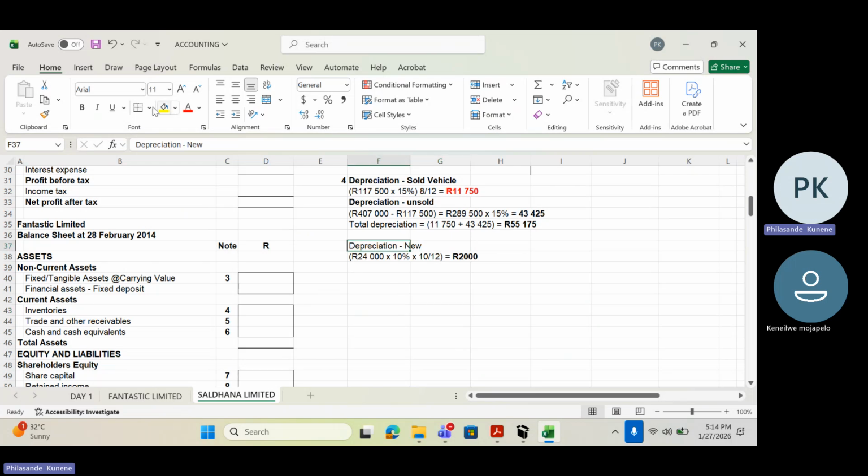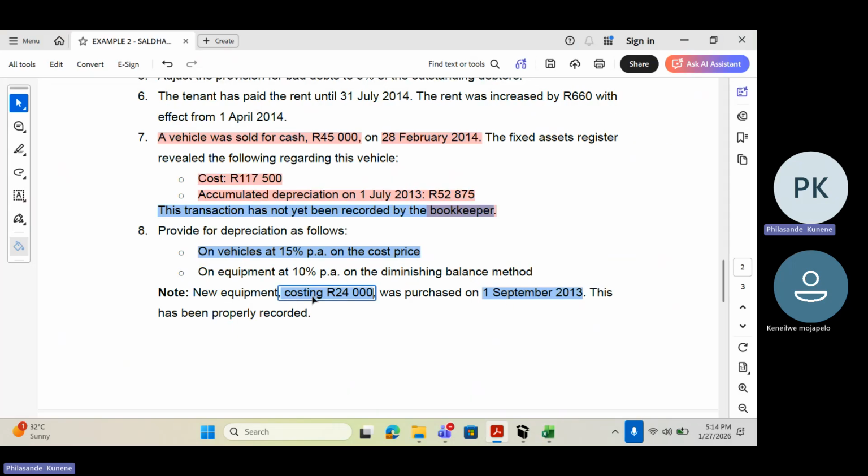And then now depreciation for old, right? We need to calculate depreciation for the old equipment. Sorry, it's old equipment actually, not vehicle. Because what they said here, new equipment costing 24,000 was purchased on 1 September.